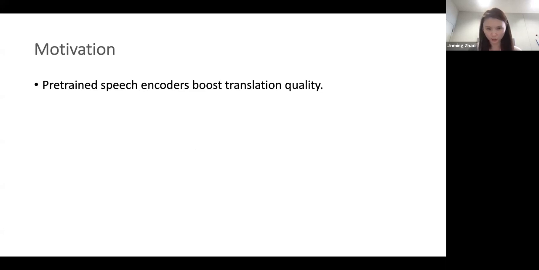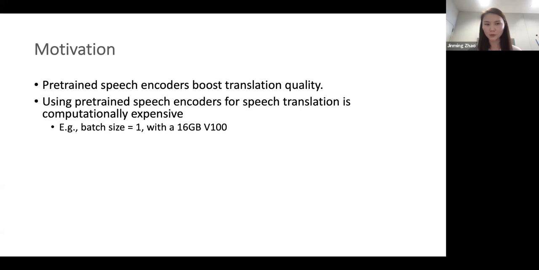Using pre-trained speech encoders often helps to boost translation quality significantly. But one bottleneck that we face in the previous work is that using these pre-trained speech encoders is very expensive. For example, with a 16 GB V100, we could only set batch size to 1.